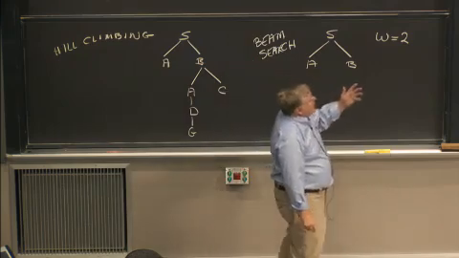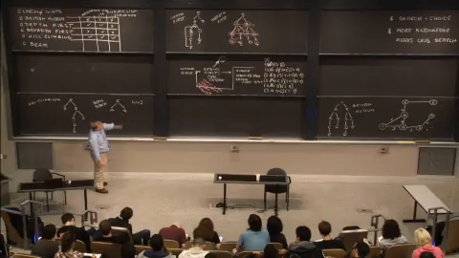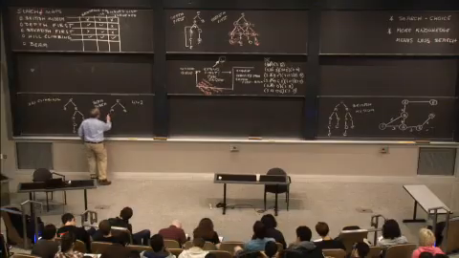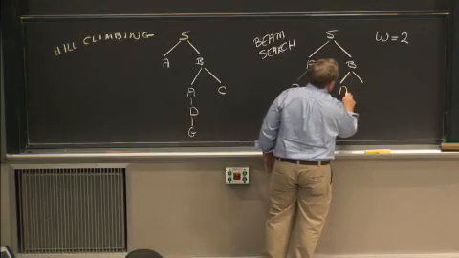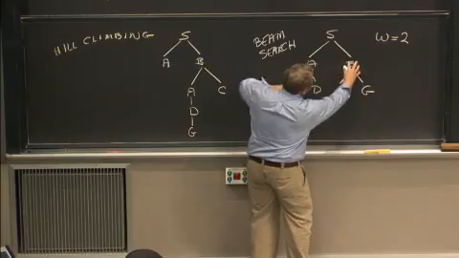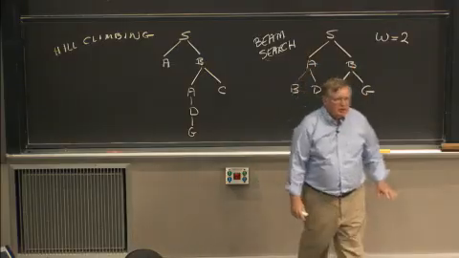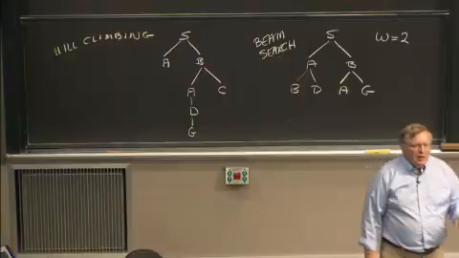Otherwise, I proceed just like breadth first search, BDAG. And now I've got that stupid thing where I'm duplicating my nodes because I'm forgetting about the enqueued list.